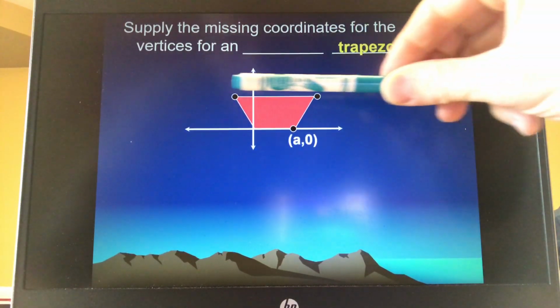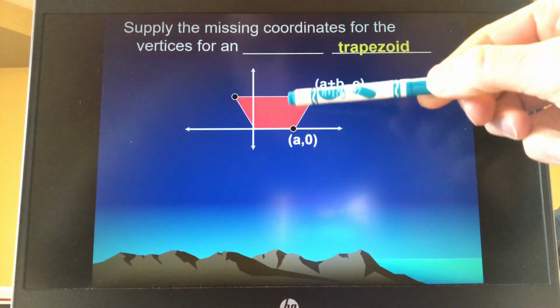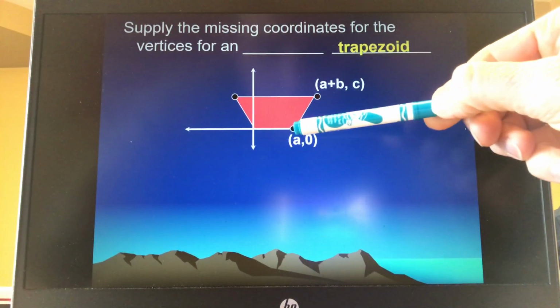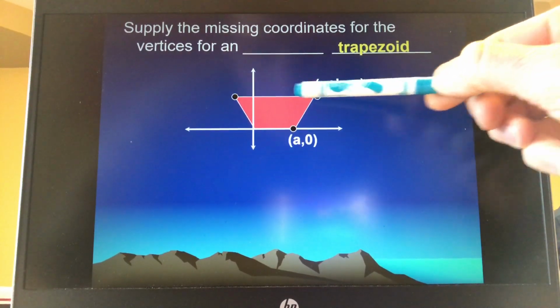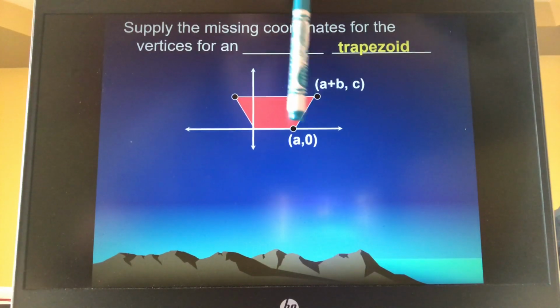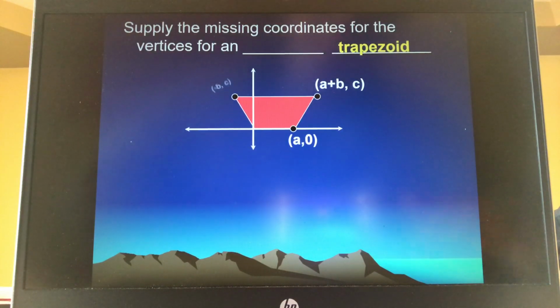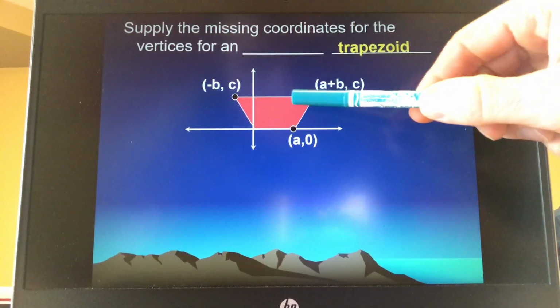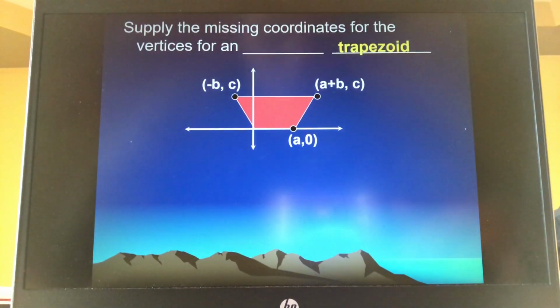If this is flat, the y-coordinate here is still C. And if you draw this little line here in altitude and sort of think of it like that, this distance is A. And then from that vertical line to over here has got to be B. So if that distance from my finger width there, or the marker width here is B, going the other direction, it's got to be negative B. So that missing point we're looking for is negative B, comma C. Hopefully that makes some sense. It's just using this vertical distance that cuts A out of there. That distance has to be B. We're going the other direction now. We're in the negative quadrant, though.